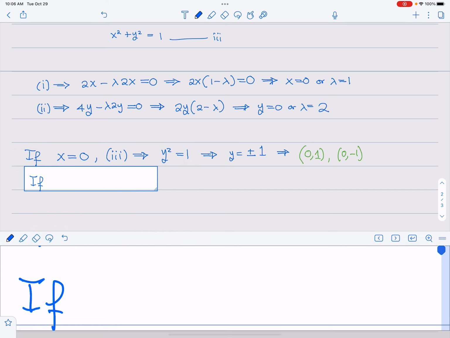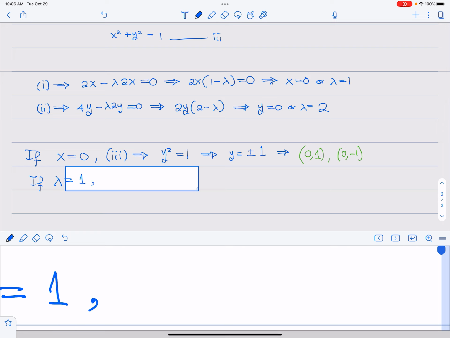Okay, good. Now we can do another thing. We can also check if lambda is equal to 1. What do we get? If lambda is equal to 1, we can plug that into equation 2, right?